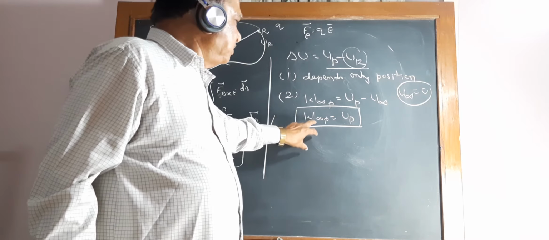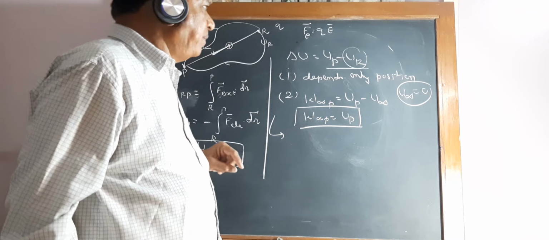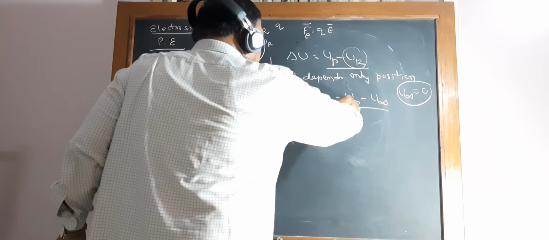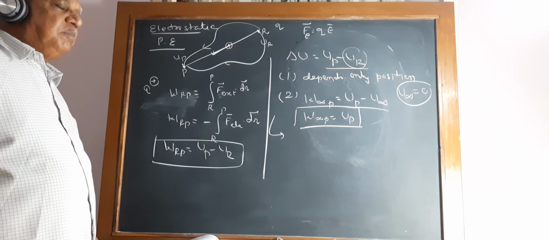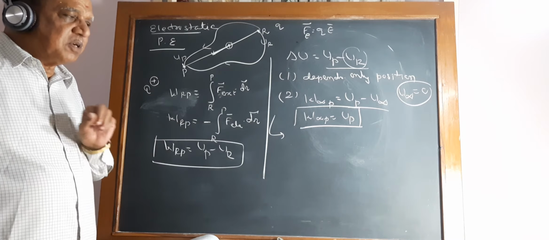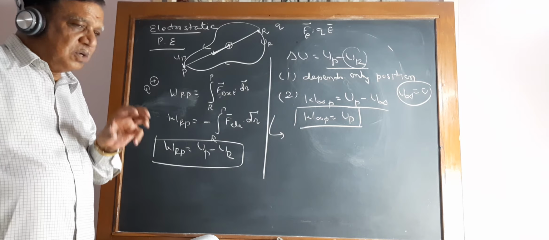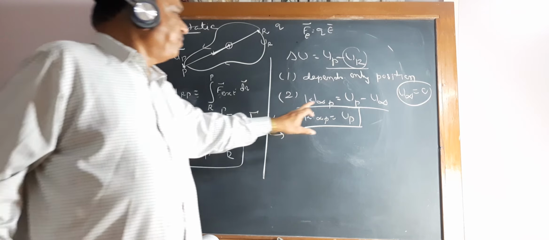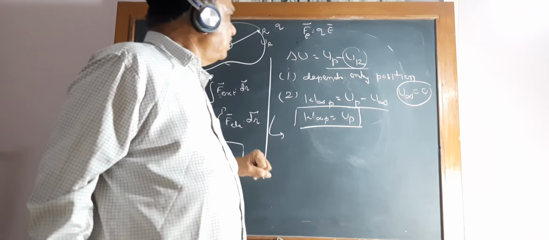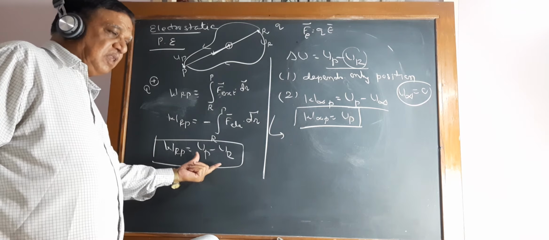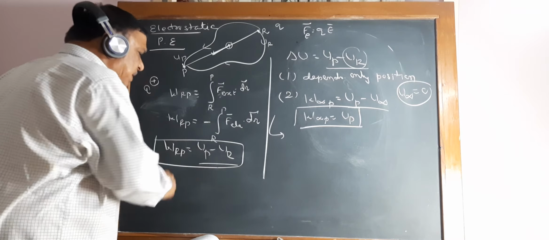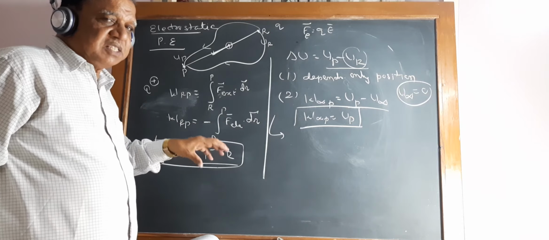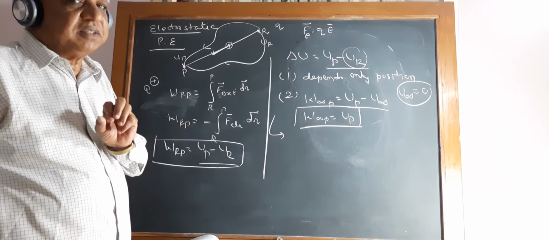Here W infinite P equal to UP. Here see, in our study, potential energy difference is important, not absolute value of potential energy. So we will discuss UP minus UR, means work required to be done. Potential energy difference between 2 points.